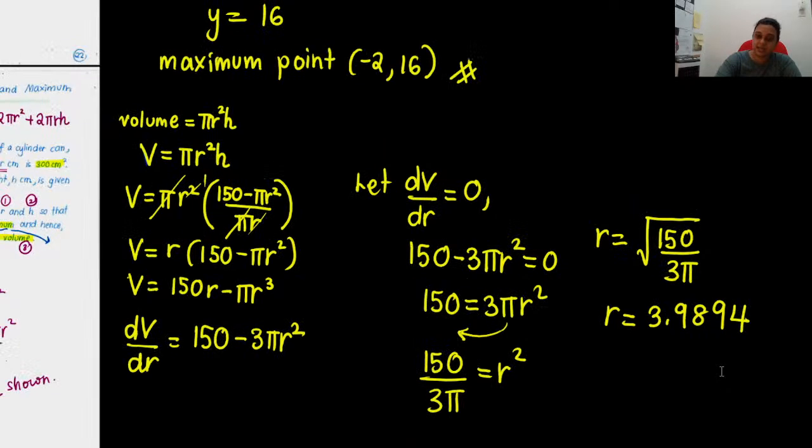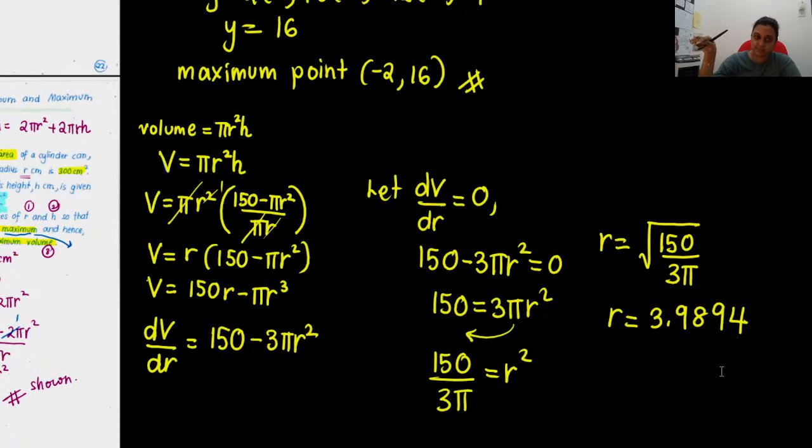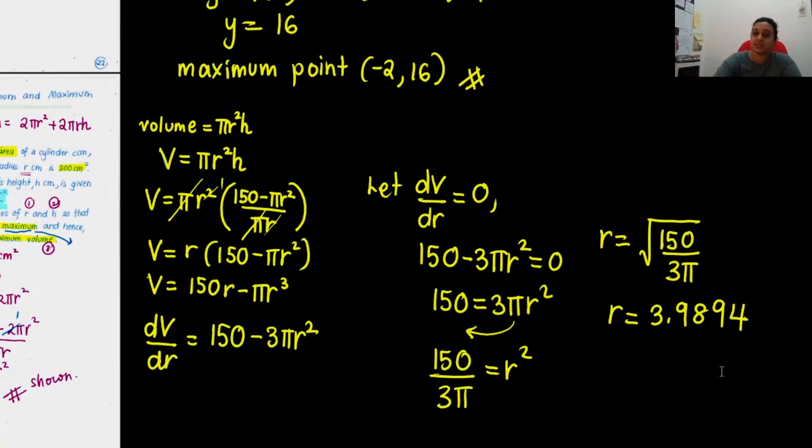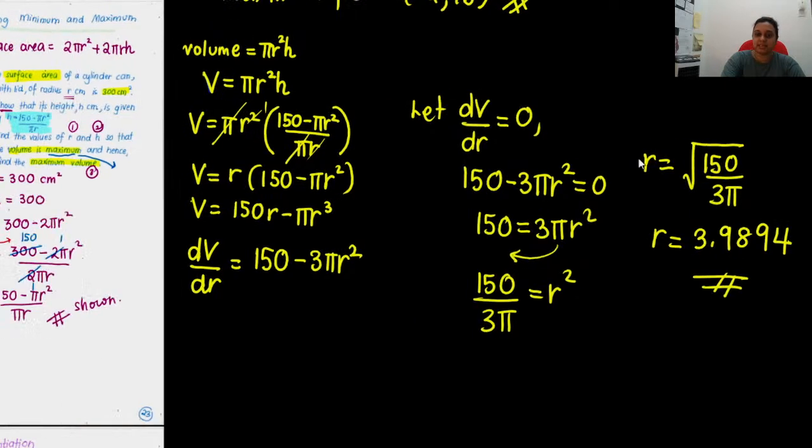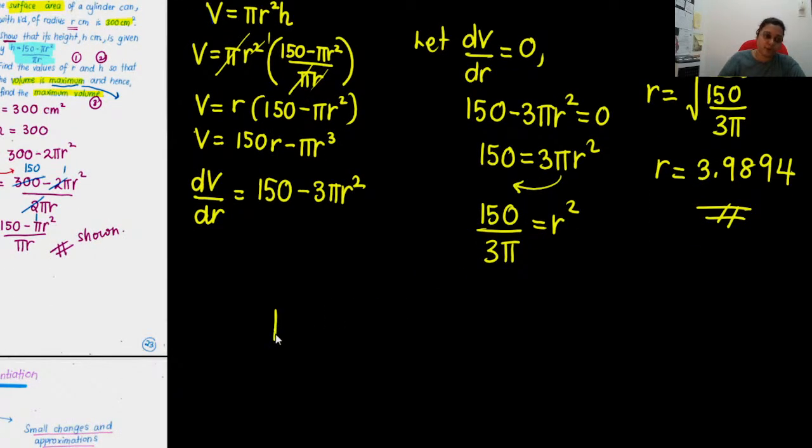From here, let's find the h. How to find the h? Remember just now from question A, we got the h, right? So we just substitute everything inside there. Copy back what the h was: 150 minus pi r squared over pi r, isn't it? So we just substitute the value of r inside here.